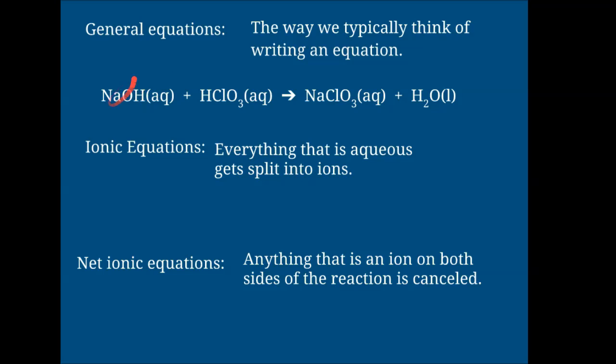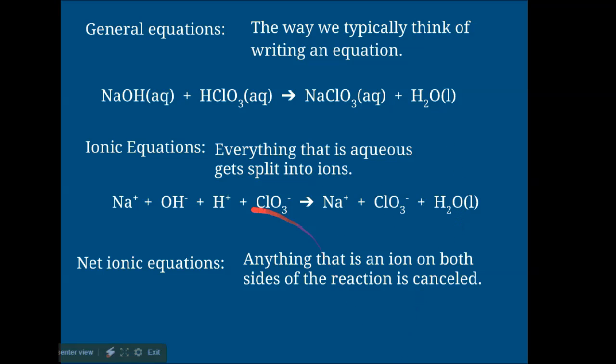So this is going to get split into ions. This is going to get split into ions. This is going to split into ions, but water stays together. So our ionic equation looks like sodium and hydroxide and hydrogen ion and chlorate ion, sodium ion, chlorate ion, water together as a liquid.